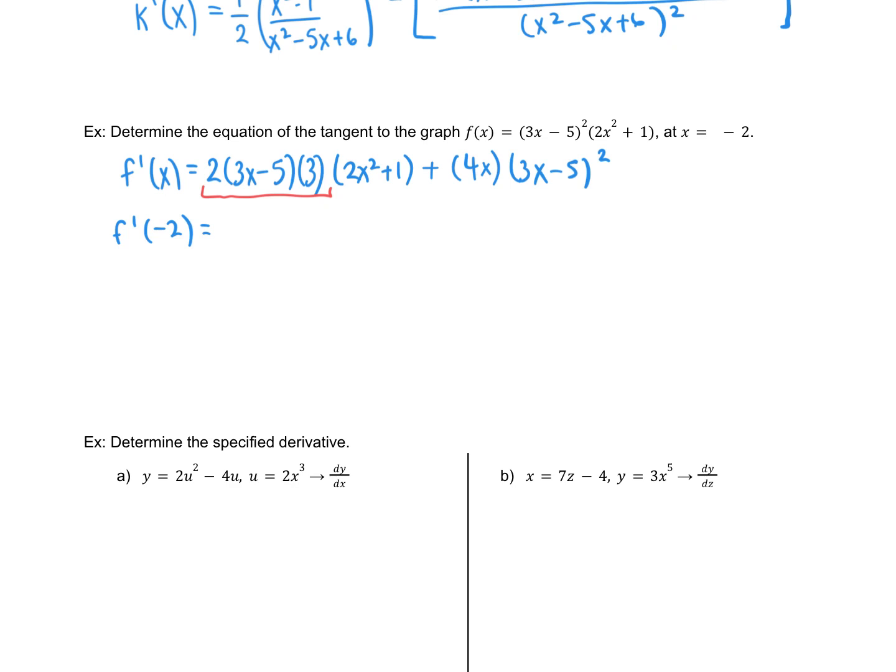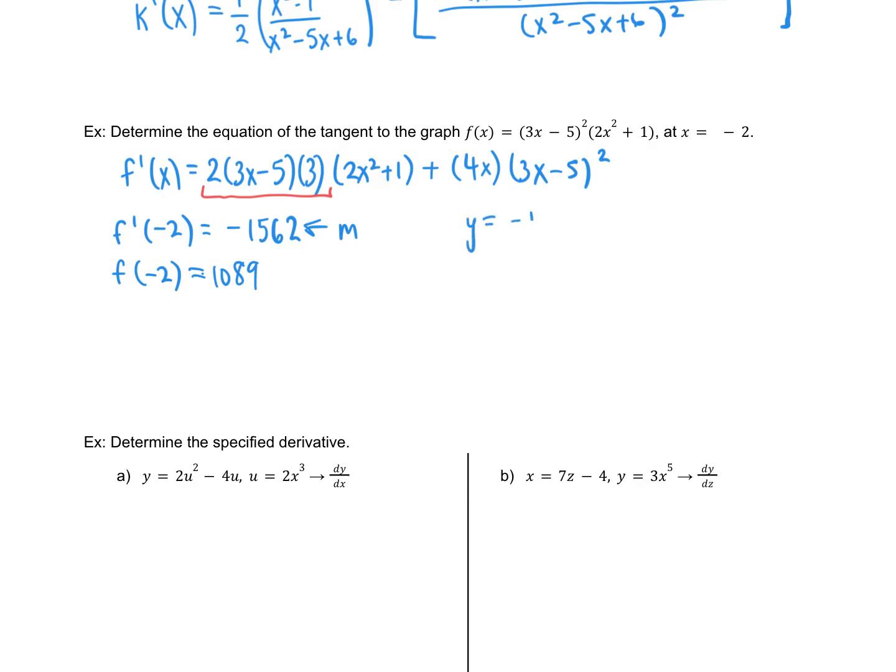And when I sub in -2 for all of those x's, I do get -1,562. I also need to know what the coordinate is. So here's my slope. The coordinate itself, I'm going into the original f of x, and the coordinate is 1,089. So bigger numbers here. That's okay though.